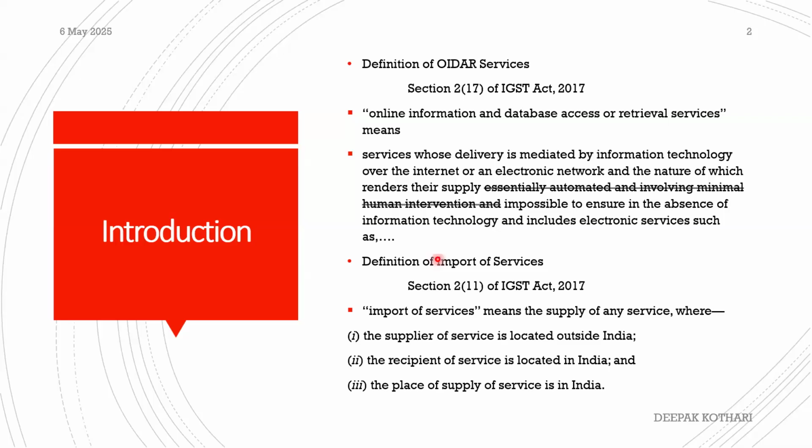Correct, it's expanding the scope. So any service wherein, even if human intervention is there, the delivery should happen through information technology. If that is satisfied, then it becomes an OIDAR service.